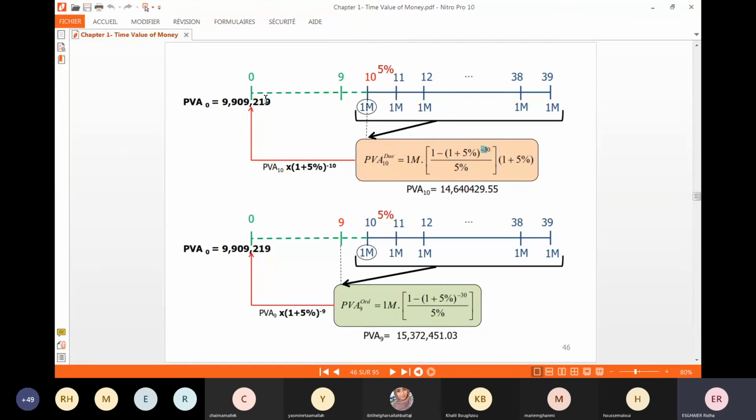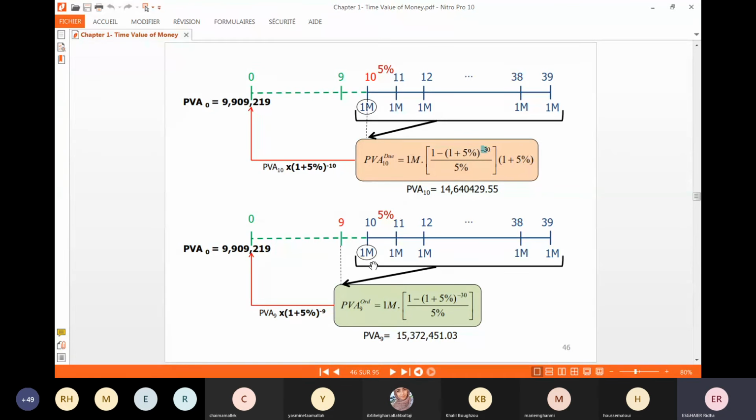Another student doesn't want to apply what I said, and says he wants to apply the present value of an ordinary annuity formula. In this case, the date at which he will find the present value, if he applies the present value of an ordinary annuity, is 1 year before the first deposit.